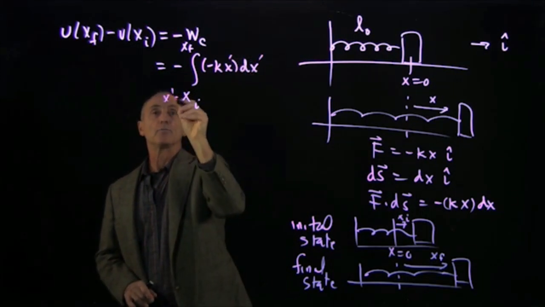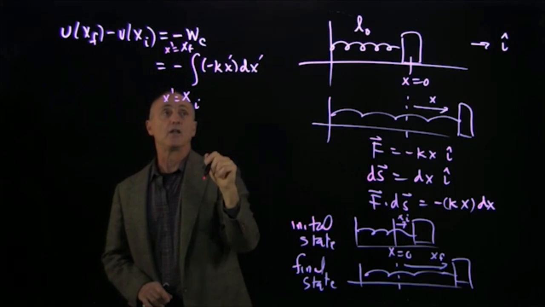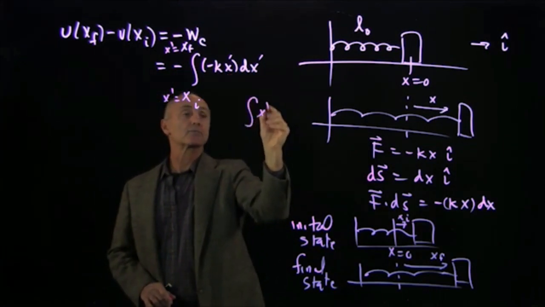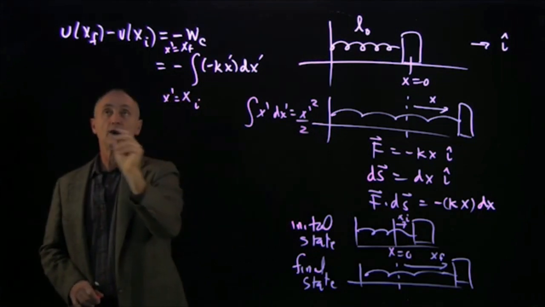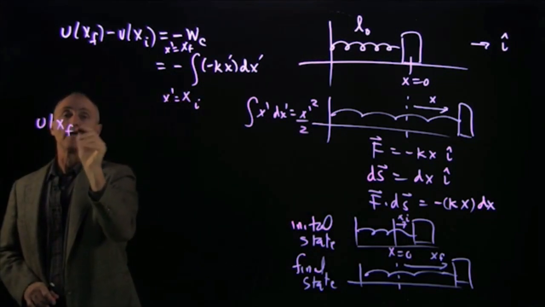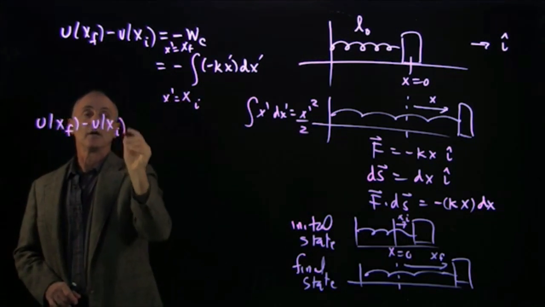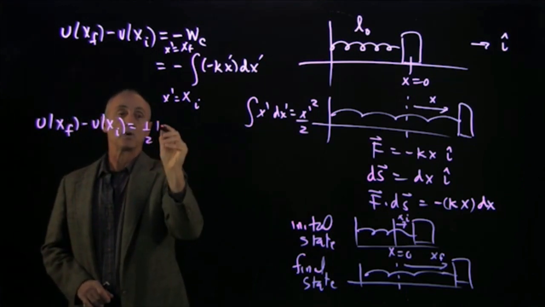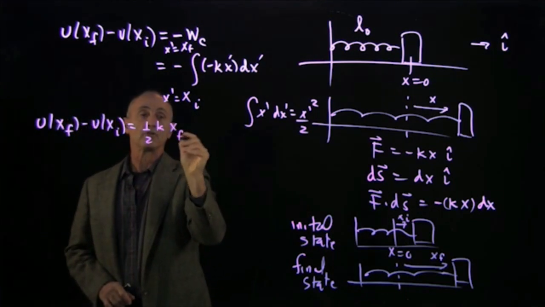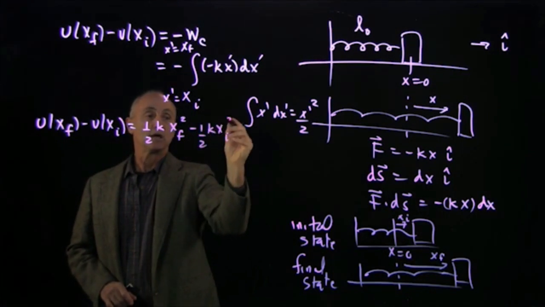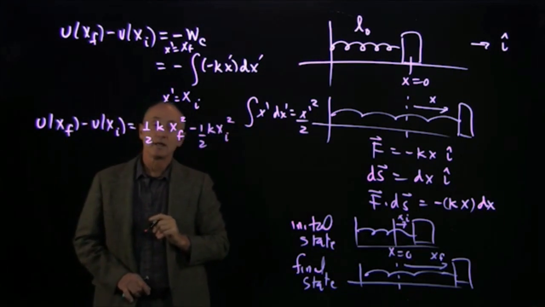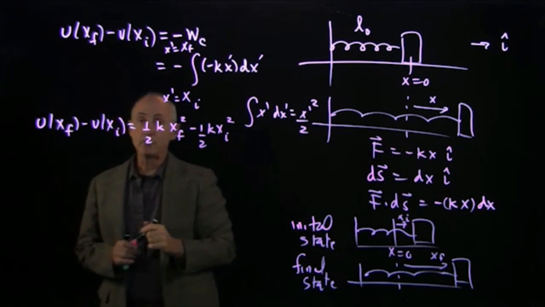That's our integration variable if you want to see it in all the detail. And when you simply integrate x prime dx prime, you get x prime squared over 2. And so the change in potential energy between these two states is 1/2 k x final squared minus 1/2 k x initial squared. And that's physically meaningful.